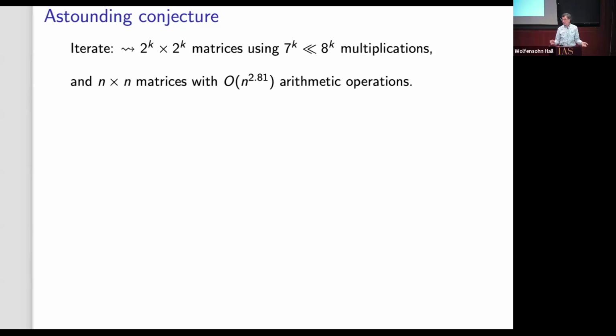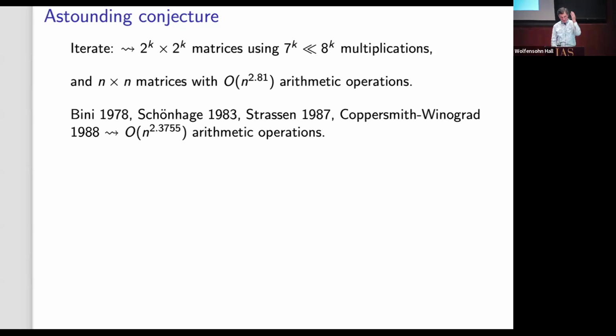And then, of course, once you know you can do better, you want to know how much better we can do. There was amazing progress over the next 20 years that went down from n to the 2.81 to n to the 2.38. Now, there's a caveat here in that Strassen's algorithm is a very practical algorithm.